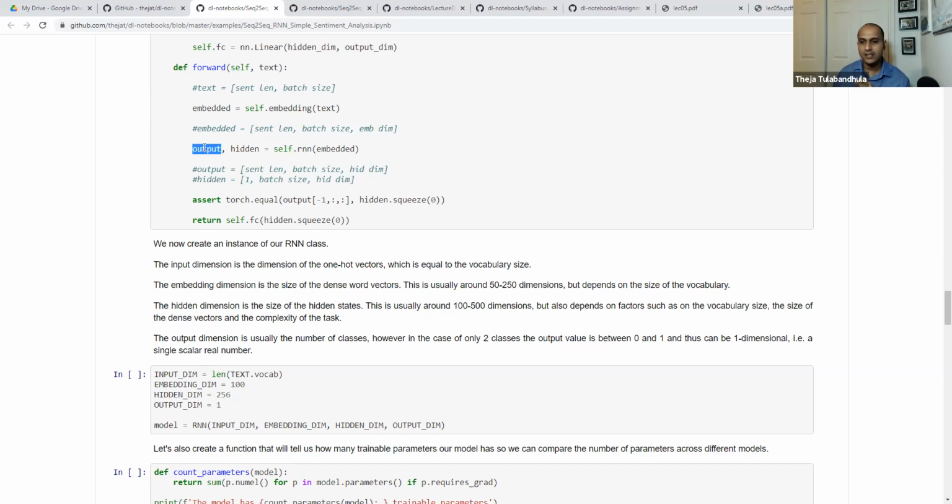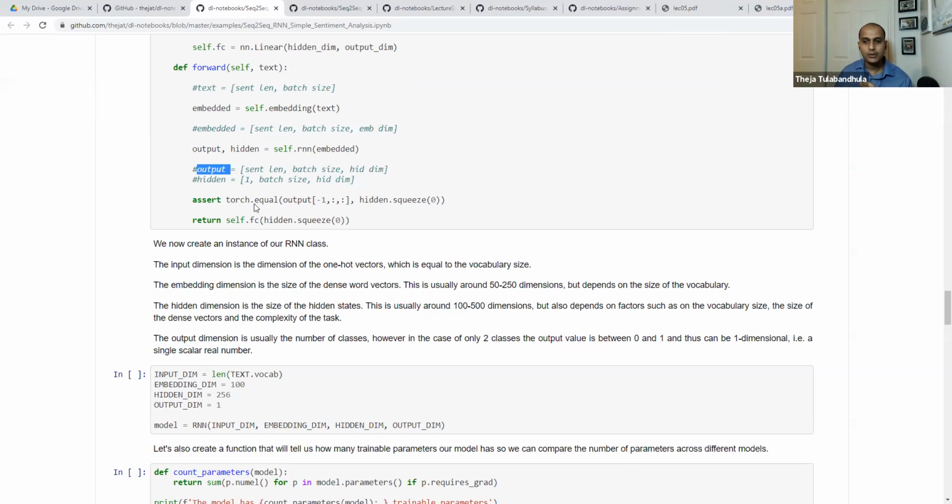So you're just getting one hidden vector, and that's the hidden dimension. Remember, it's 3 dimensions. And output also is just 3 dimensions here currently.